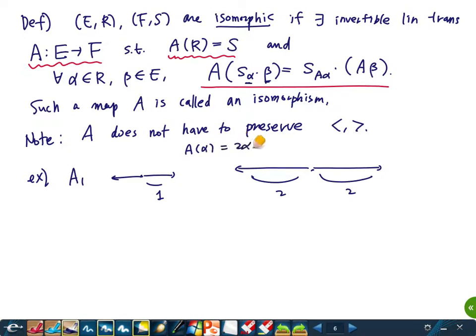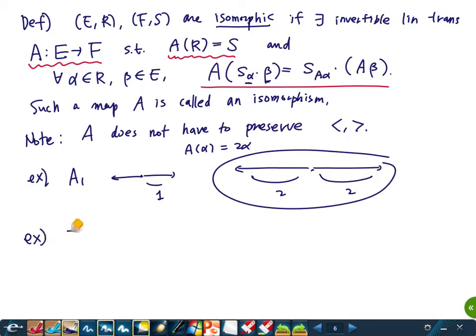This is a completely fine isomorphism between these two root systems, because when we draw a root system as a diagram, we don't really care about the length. Of course, we care about the relative length between two roots, but the absolute length of each root is not really important from our point of view. So if we can obtain one root system from the other by doing a dilation, that gives us an isomorphism.